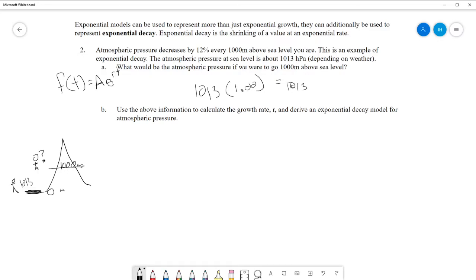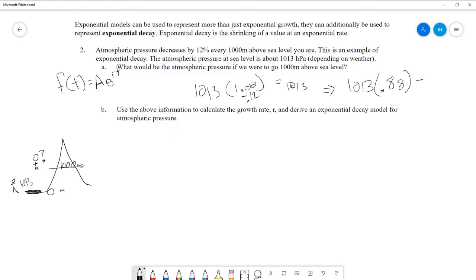However, if we've traveled up 1000 meters, then this would decrease by 12%, right? So what we're going to get is the starting pressure times 0.88, because 88% is 12% less than 100, right?